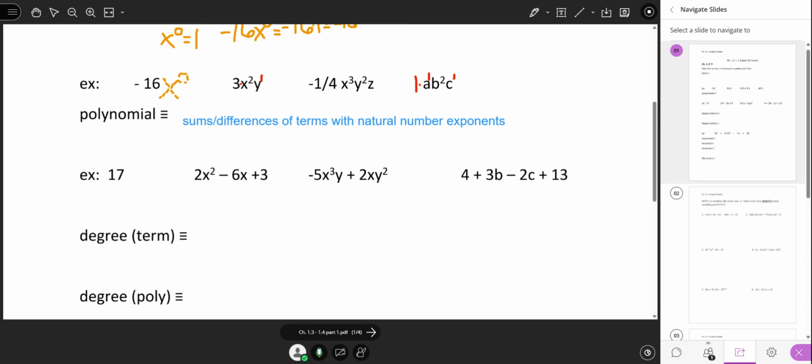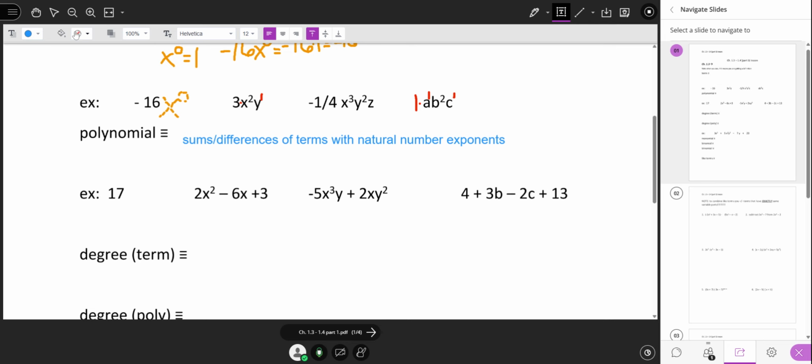Now, the degree of a term is the sum of exponents of that term.